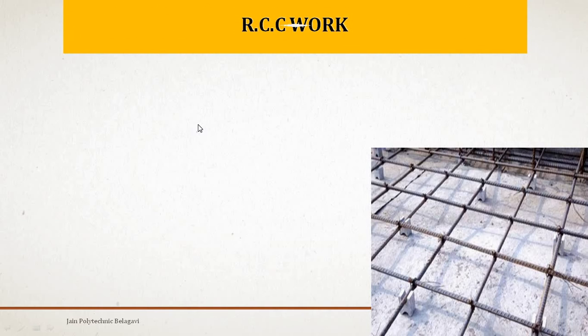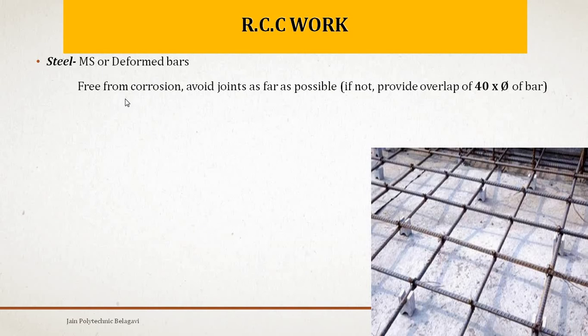Coming to next specifications, RCC work. Coming to each and every material in RCC work. First is steel. So steel which is used in RCC work should be of mild steel, MS or deformed bars. It may be HYSD bars also, high yield strength deformed bars.